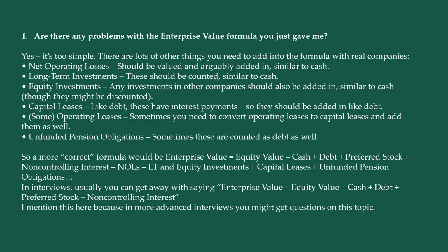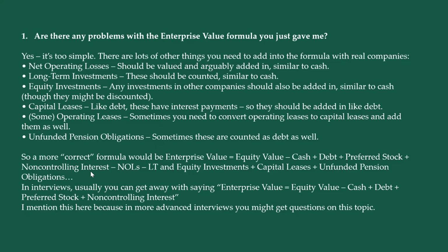This is asking whether the standard simplified enterprise value formula might be incomplete or inaccurate in some situations. And yes, the standard basic formula is enterprise value equals equity value, then we subtract cash, then we add debt, preferred stock, and non-controlling interest.